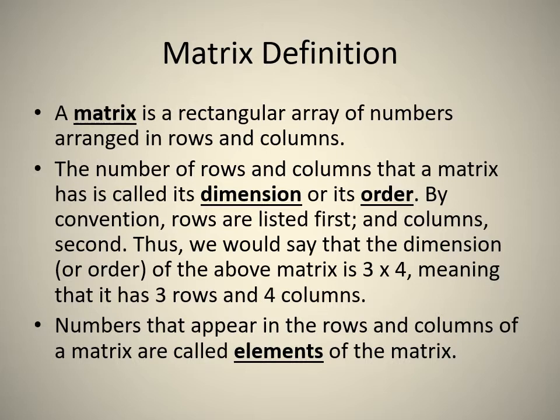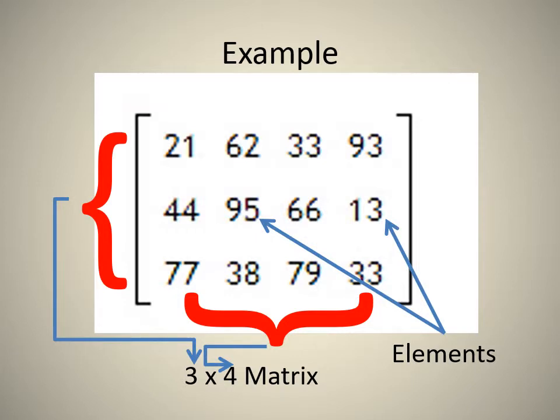And it's customary that if we have a 3 by 4 matrix, it means that it has 3 rows and 4 columns. So you describe the number of rows first and then the number of columns. So it's as simple as that. And then the numbers written into the matrix we call the elements of the matrix. So it's also then possible to describe the exact position of each of these elements in the matrix.